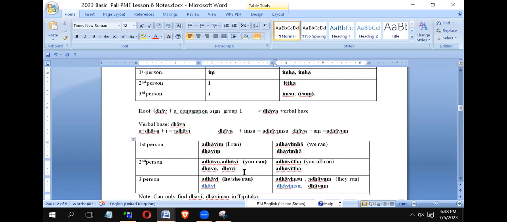According to Pāļi Made Easy, the endings are i, insu, o, i, ita, im, imha.